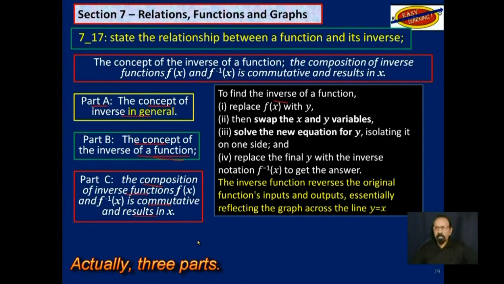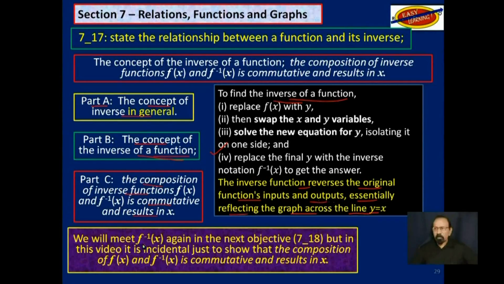To find the inverse of a function, we need to do 4 things, and we will see them as we go along. The inverse function reverses the original function's inputs and outputs, essentially reflecting the graph across the line y is equal to x. Or you could say, in other words, the range becomes the domain and the domain becomes the range.